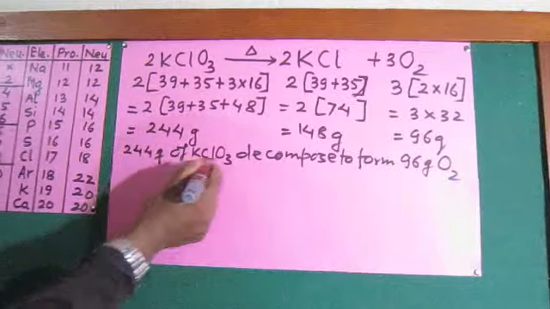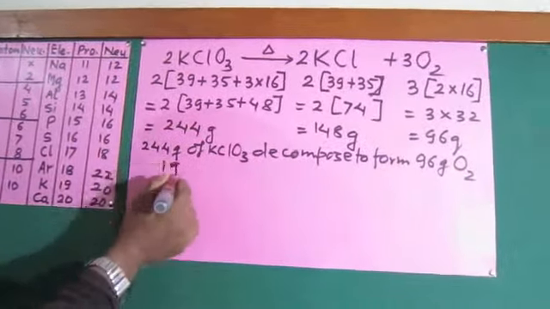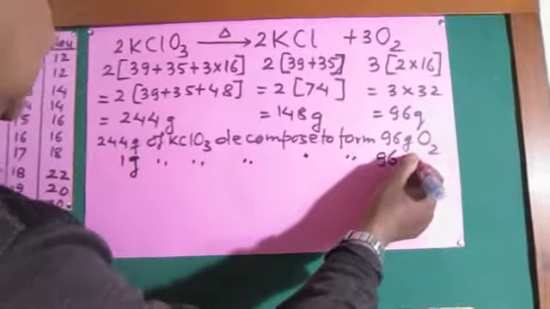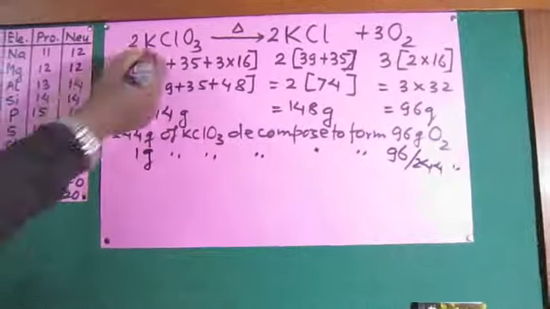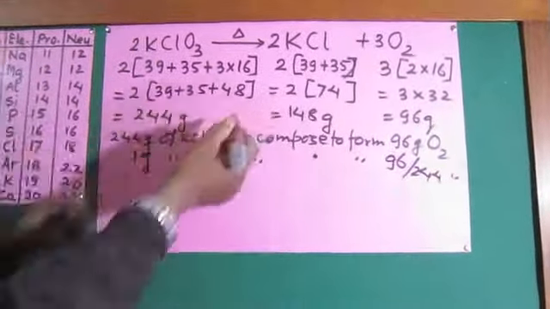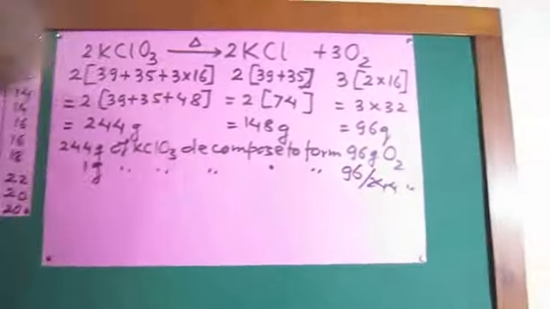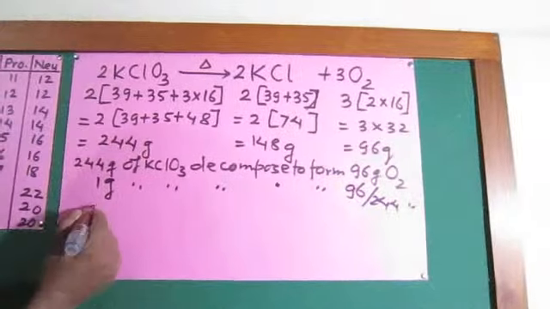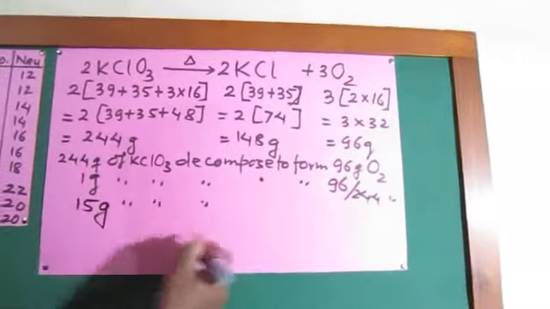If 244 gram of potassium chlorate decomposes to form this much gram of oxygen, then 1 gram of potassium chlorate decomposes to form 96 divided by 244 gram of oxygen. And if the question asks you how many grams of oxygen produces when 15 gram of potassium chlorate is taken in a hard glass test tube and decomposed by heating, then we can calculate by putting this number. 15 gram of potassium chlorate decomposes.